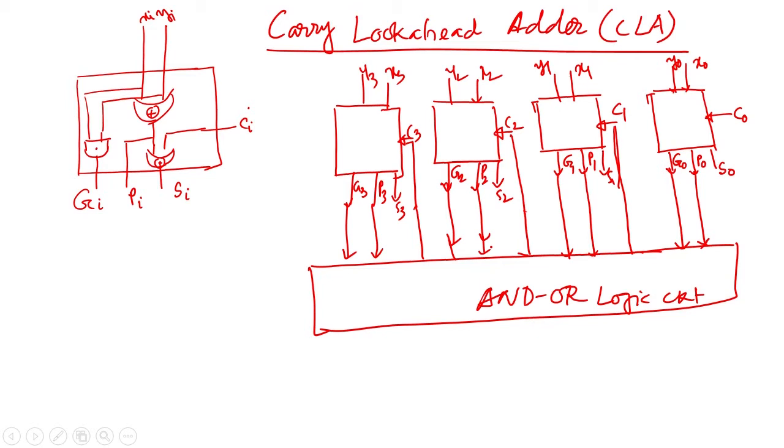So, this circuit altogether we are calling AND OR logic. How do you generate C1? C1, if you remember, is equal to G0 plus P0 C0. Therefore, if you draw it here, you have G0 P0 and the AND circuit.